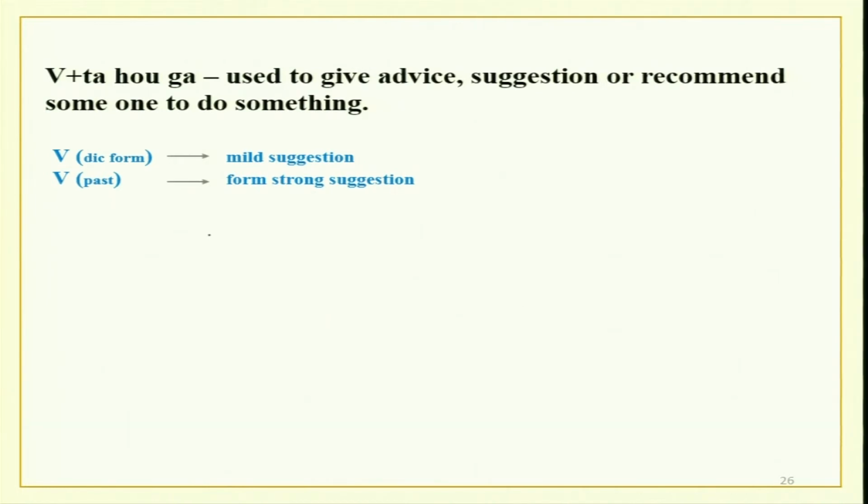So, verb in dictionary form is a mild suggestion, meaning slightly suggesting something, and verb in past form, which is what we are going to do over here today, is a very, very strong suggestion, something that you are saying very emphatically to the person, and you want him to do it.